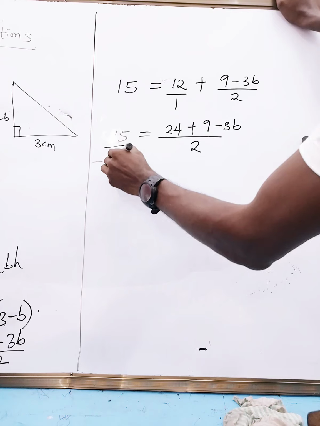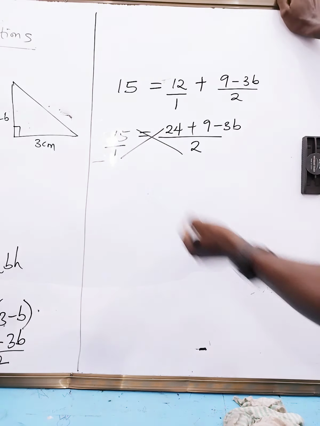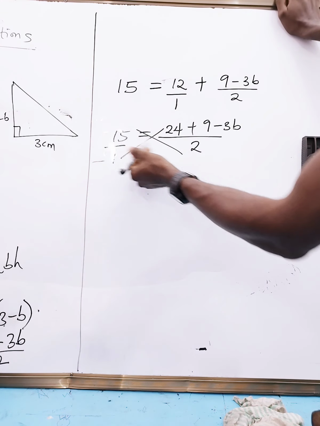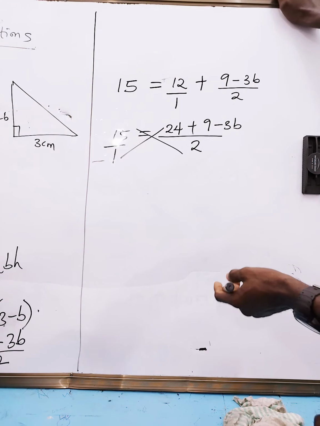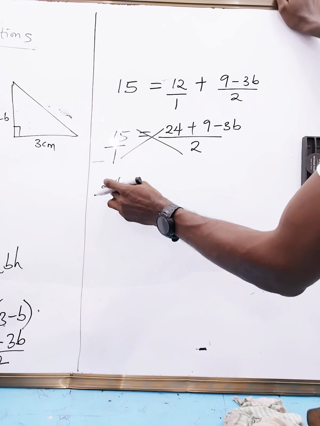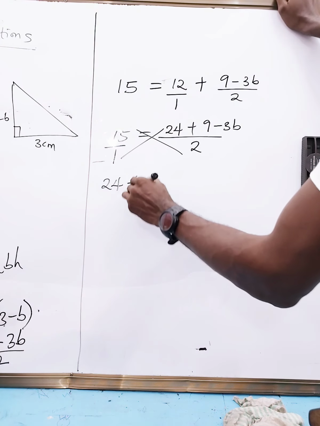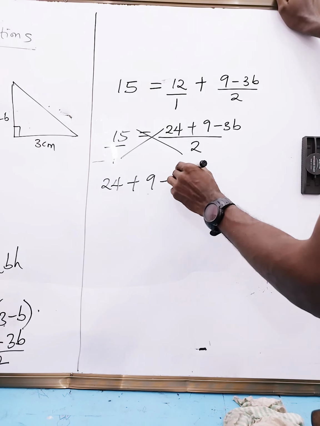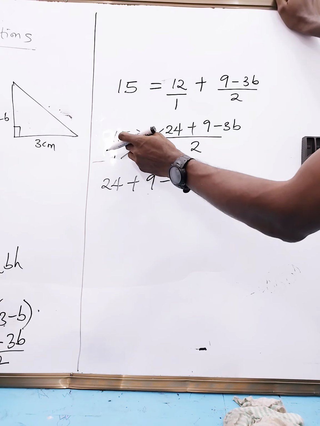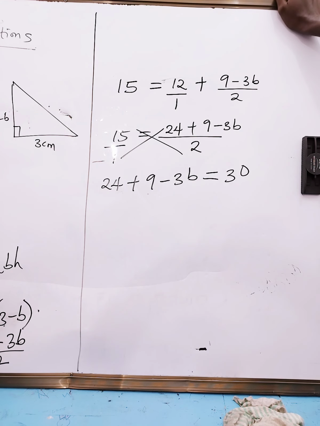Now let's also make this one fraction because we are cross multiplying. So we have 24 plus 9 minus 3b over 2 equals 15, and multiplying by 2 gives 15 times 2, that's 30.